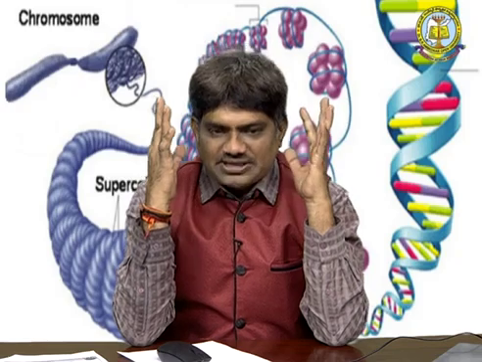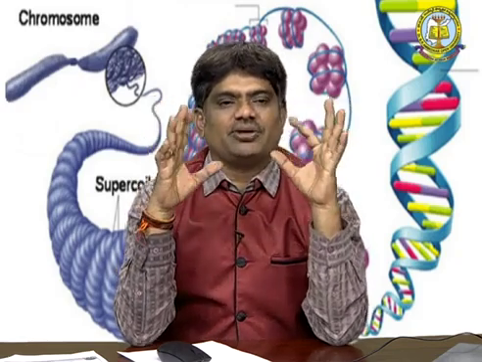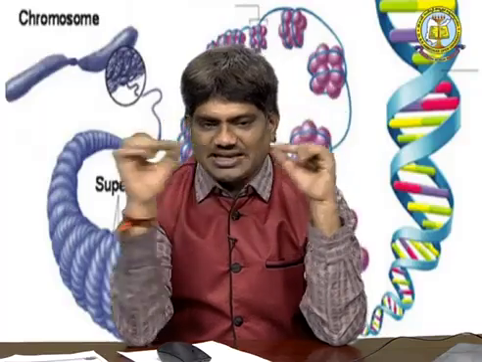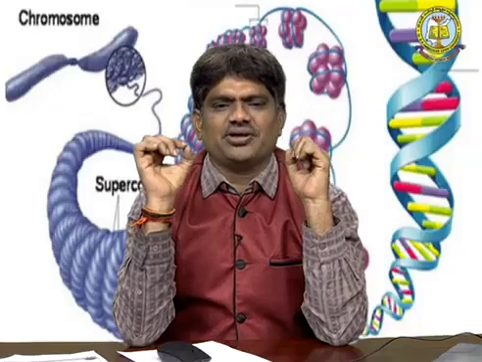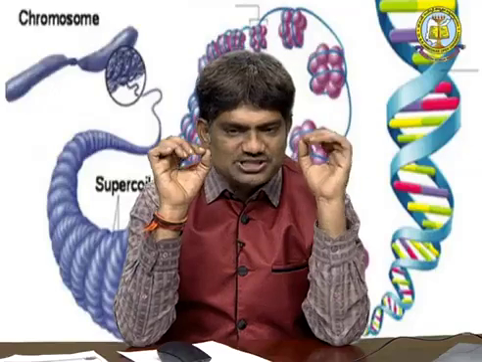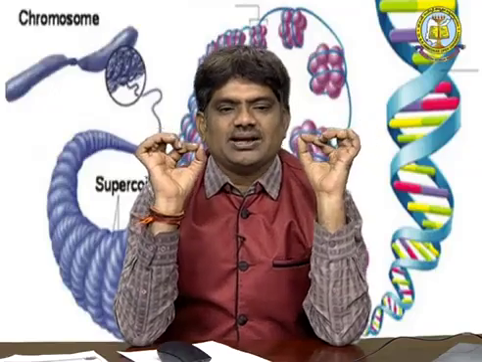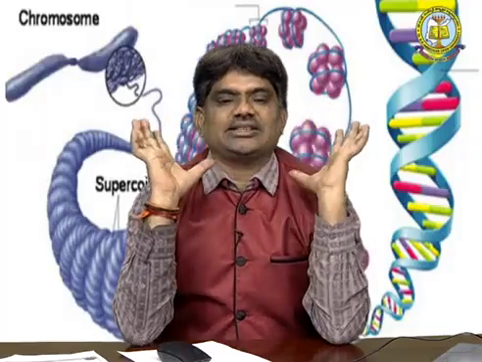Especially at prophase, chromosomal material becomes visible as very thin filaments, minute thread-like structures, which we call chromonemata. The term was coined by Wilson. Okay, that represents the chromatids in the early stage of condensation.